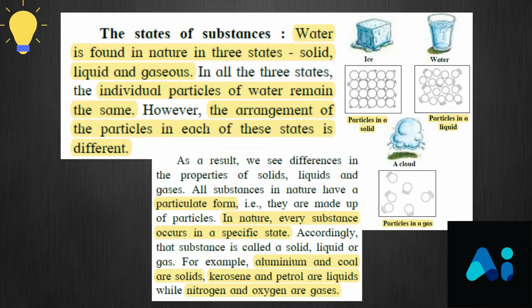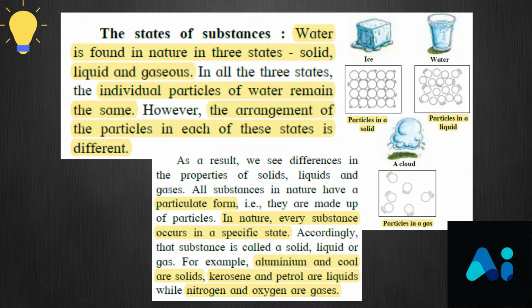Water itself, as we know it, is in liquid form, and when the water evaporates, if you boil it and it becomes steam, it turns into gaseous state. So you can see particles of water in gas, right? But the individual particles of water remain the same. What changes is the arrangement of particles, and that's a very important concept in chemistry as well.